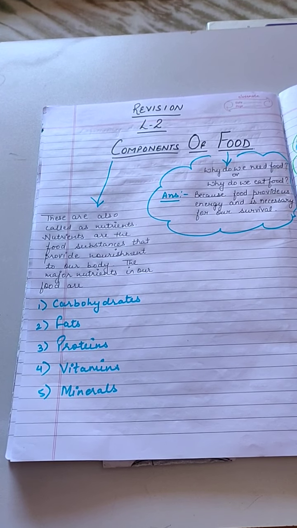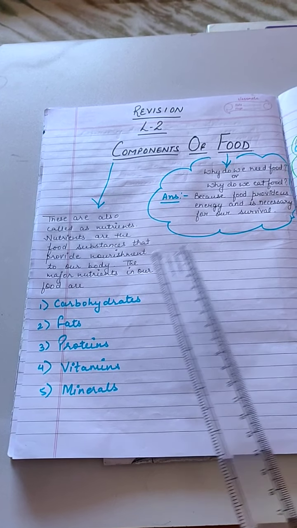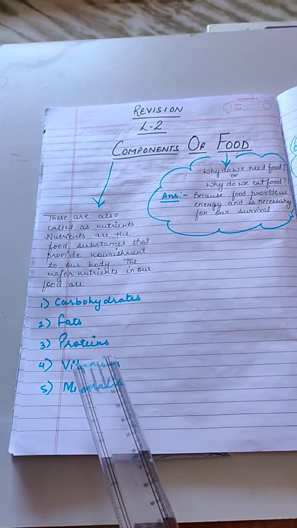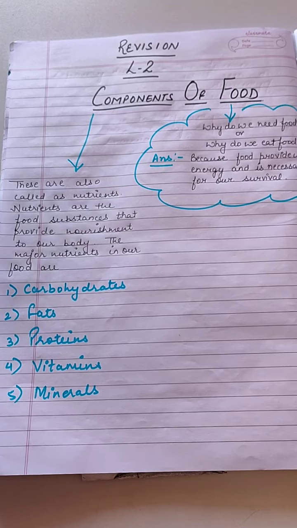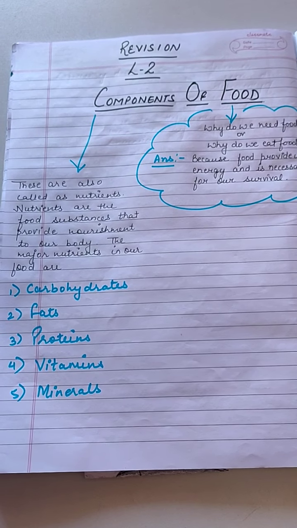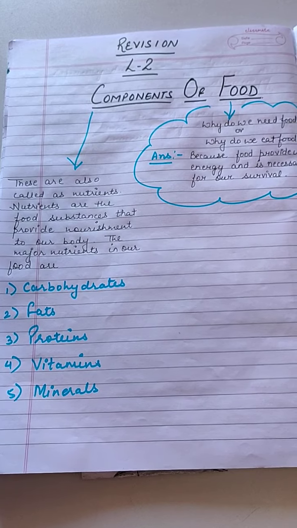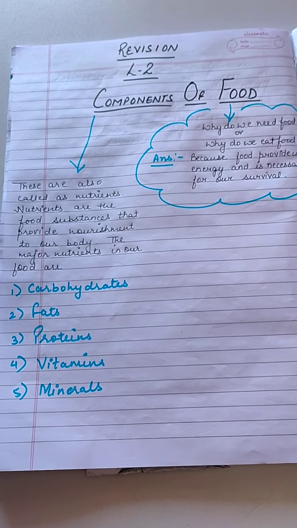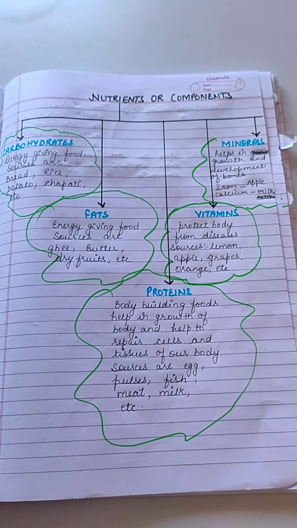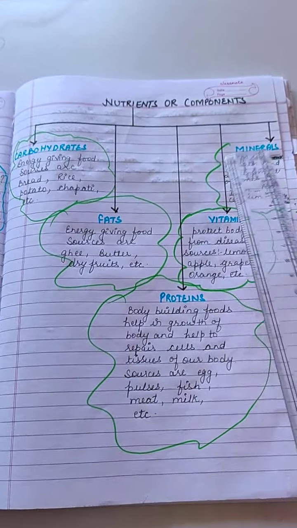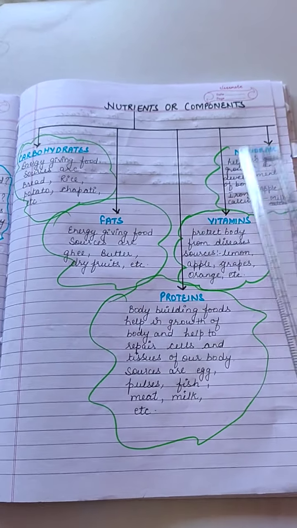So these are of various types: carbohydrates, fats, proteins, vitamins, minerals. Different nutrients have different functions and they have different sources also. So we will discuss them one by one.